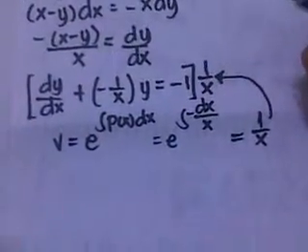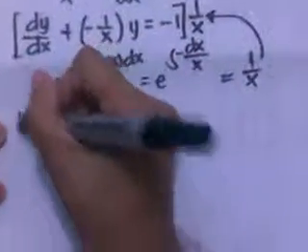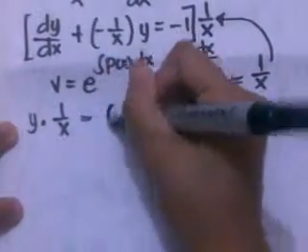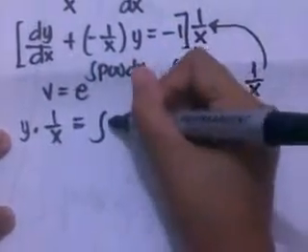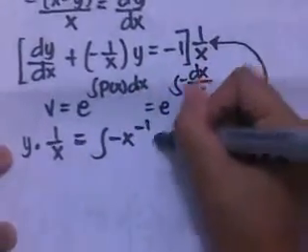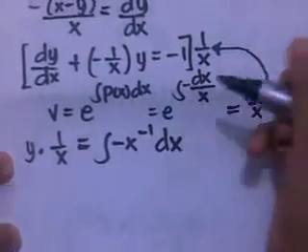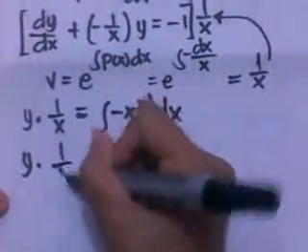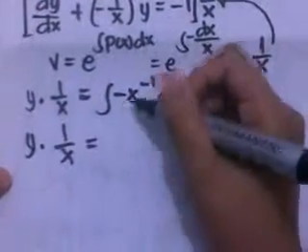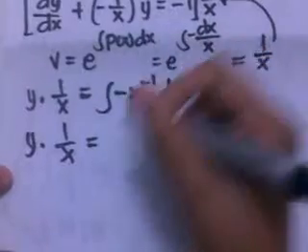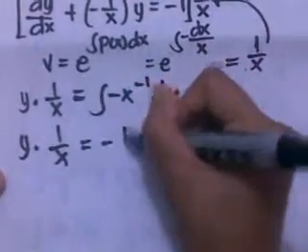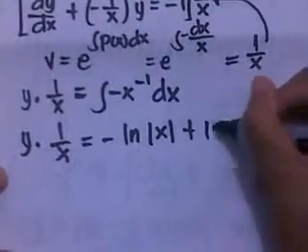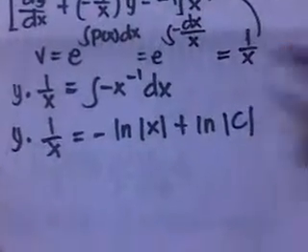So the result is now y times the integrating factor equals the integral of negative x to the negative 1 dx. Now y times 1 over x equals the integral of negative x to the negative 1, which is negative ln of x plus ln of c.